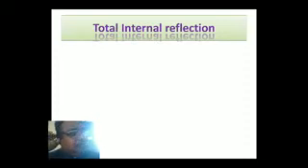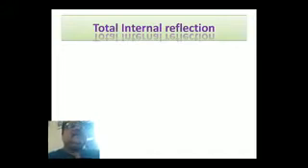So as we know, when a ray of light is allowed to pass from one medium to another medium of different density, then the ray of light undergoes deviation in its direction, in its velocity. So, what is TIR?